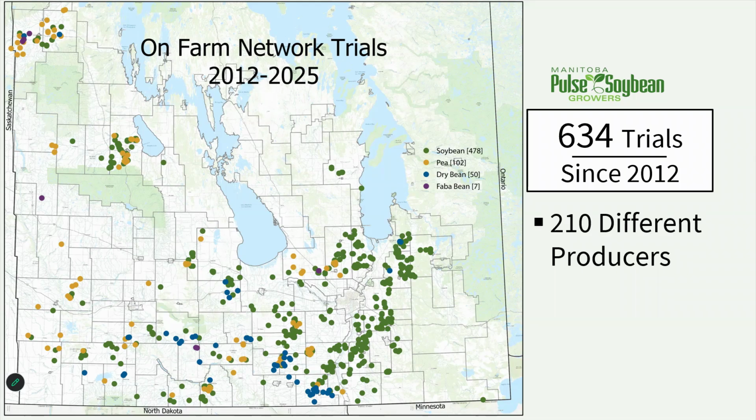So that means more concentration of soybeans in the south central region. Dry beans are often concentrated to the south central and east, and peas are concentrated more towards the north and the west.